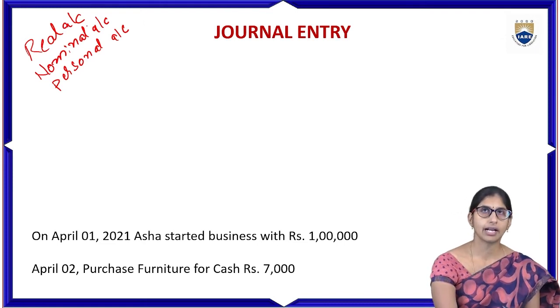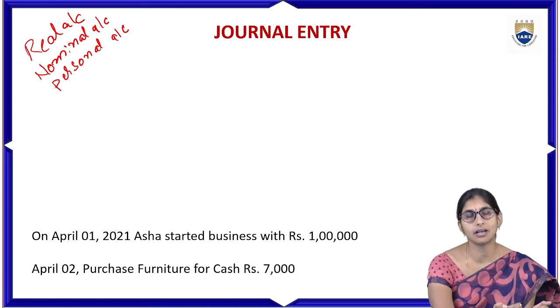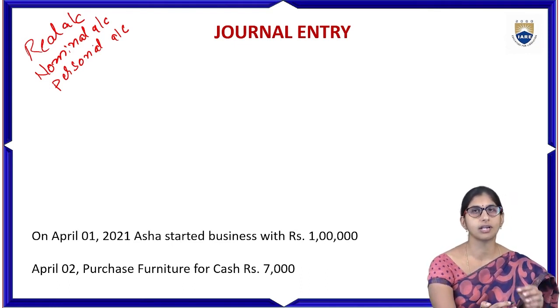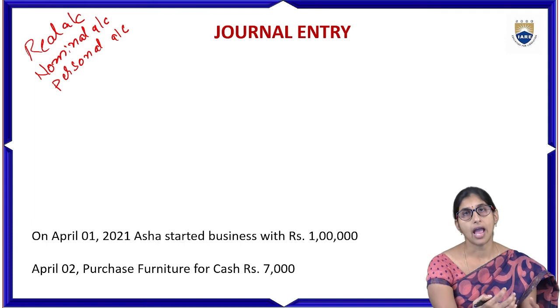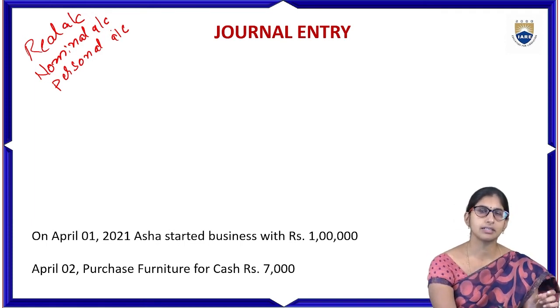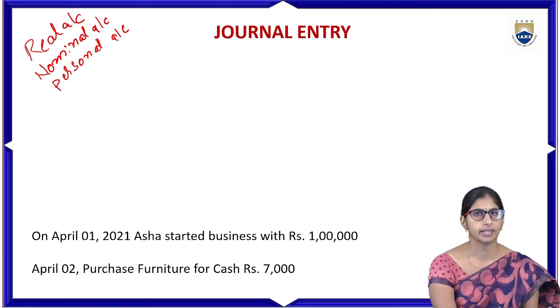And in real account, we are going to consider all the types of assets. In nominal account, we are going to record the recurring or regular expenses and losses, and incomes. That is, the rule of nominal account is debit all expenses and losses and credit all incomes and gains.